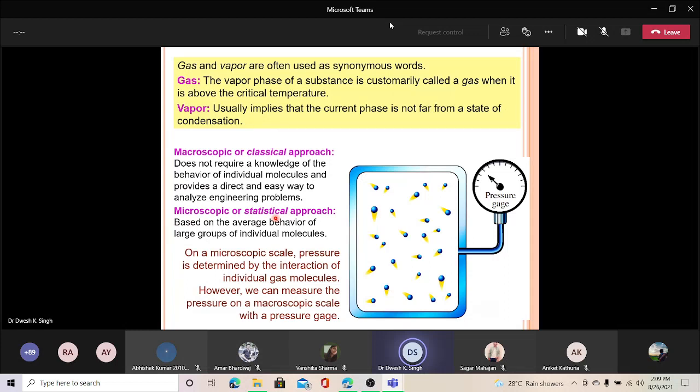This is your micro level, and in the macro, what happens? We take the container itself, not the molecule, and we apply general laws or theories and come out with the result. In that case it is called macroscopic, the classical approach.